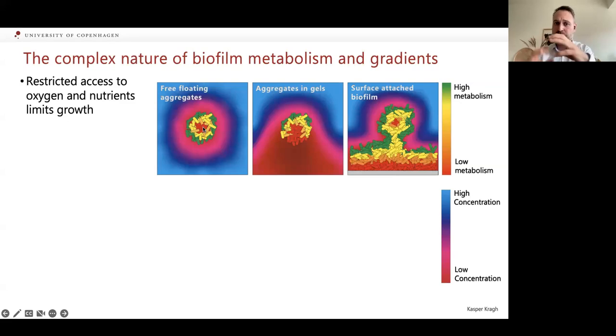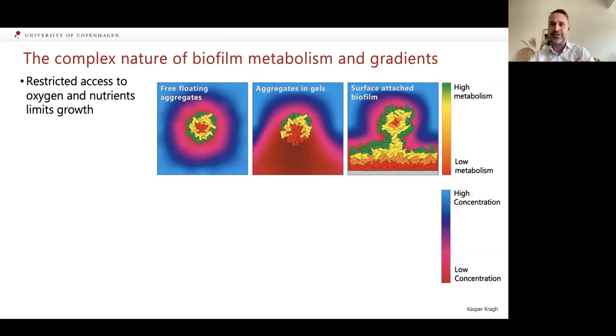So you have cells that grow slower and slower in the middle and faster on the outside. But in some of these gel-based systems, you have a diffusion gradient where you have a rich upper part, and then you have diffusion and gradients forming towards the aggregates and below the aggregate itself. So here you get a much more complex system. And then here, compared to what we know is happening in surface-attached biofilms.